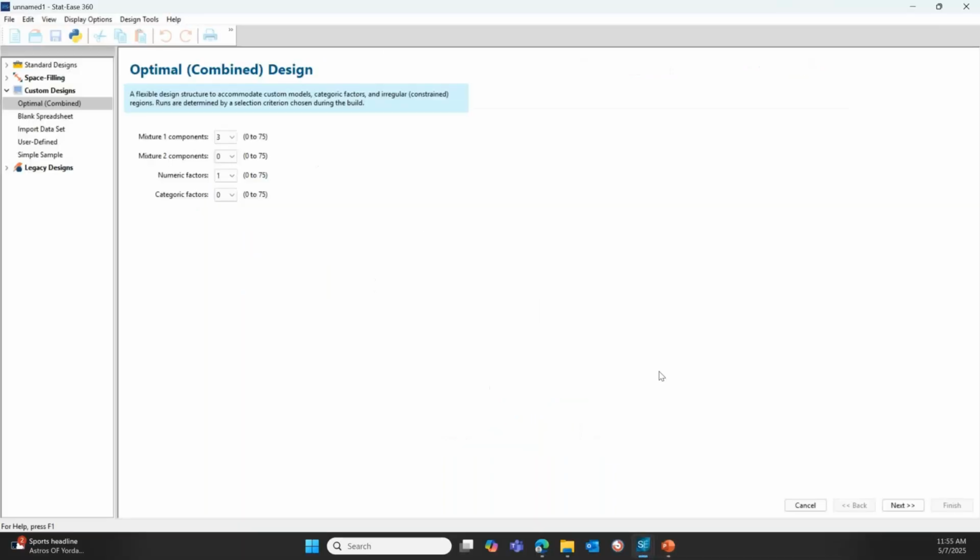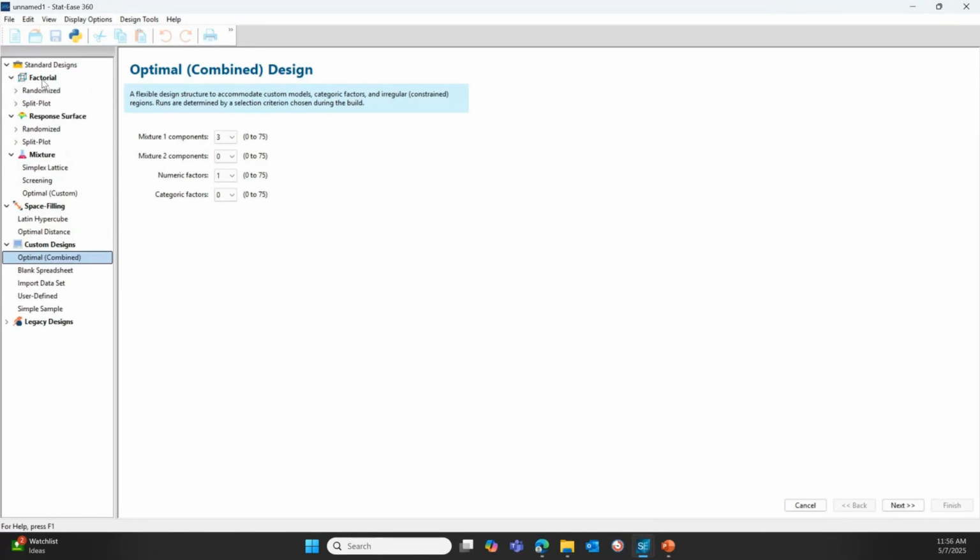Way in the bottom of our list, let me broaden these out so you see where I'm going here. Under standard designs, we have mixture designs, response surface, and factorial. Way in the bottom of the list under custom, we have a very broad and flexible type of design. Here we can't use the mixture design because we have this process factor called amount to deal with.